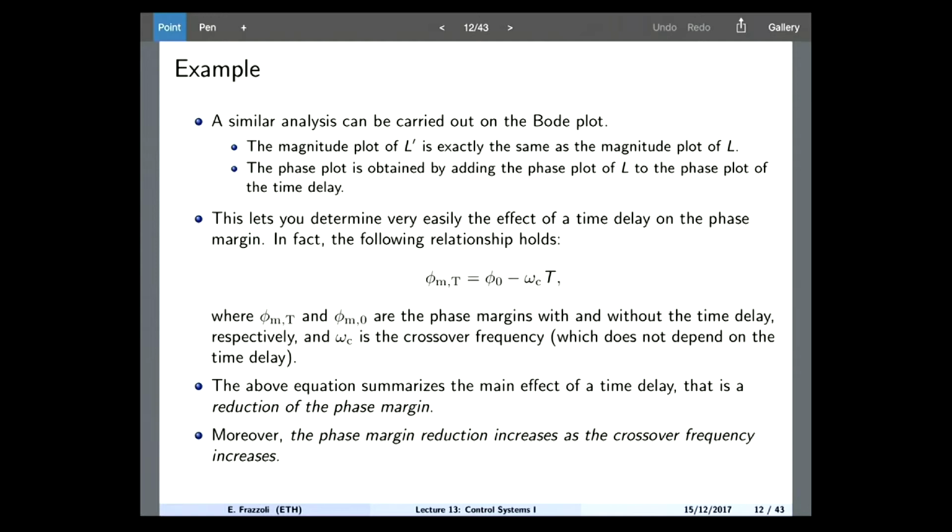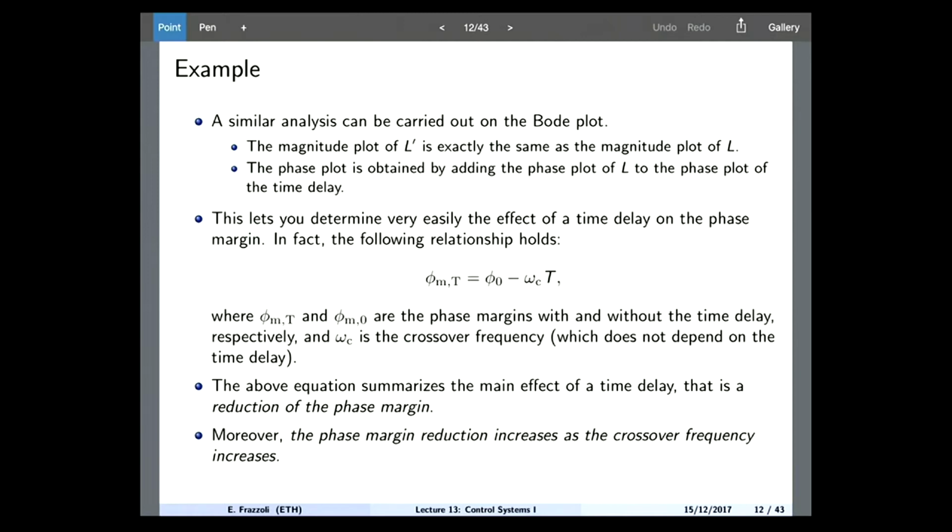Or, one way of reducing the effect is to buy a faster computer. Clearly, buying a faster computer will reduce the effect of the time delay. Do you want to do that? Maybe not always, because a faster computer also means a computer that is more expensive. So essentially what you have to do is find the right balance.